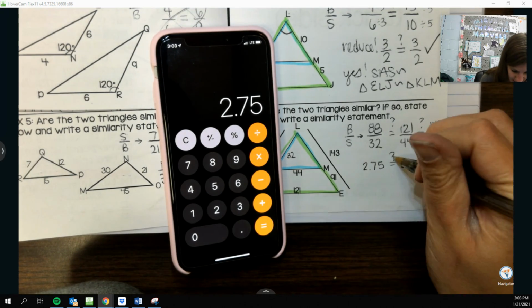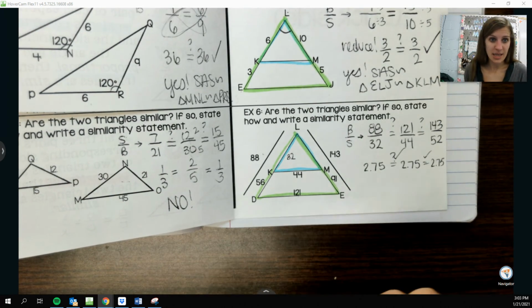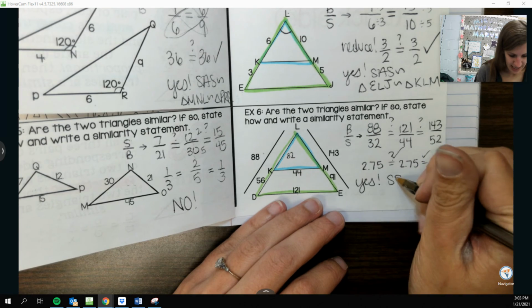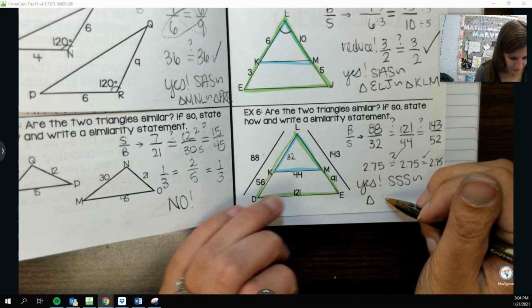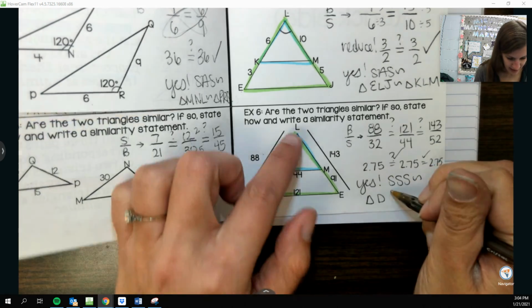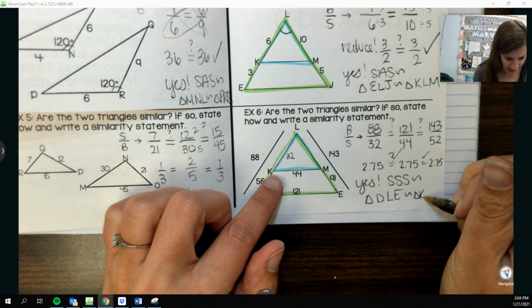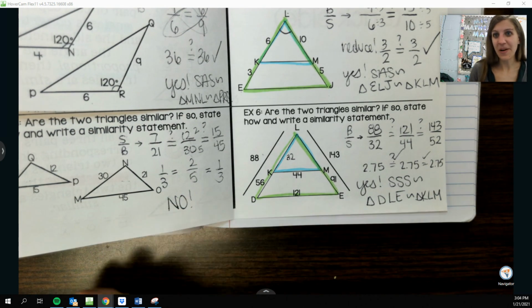Oh, yeah. So all the ratios are the same, which means, yes, the triangles are similar by side, side, side. And so we can call it triangle DLE is similar to triangle KLM. All right, here you go.